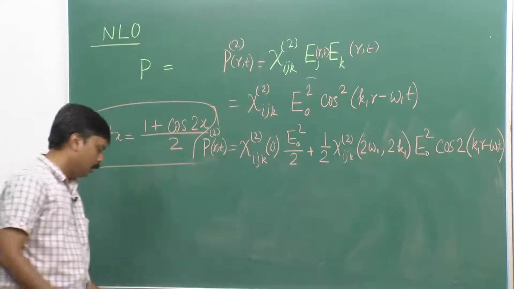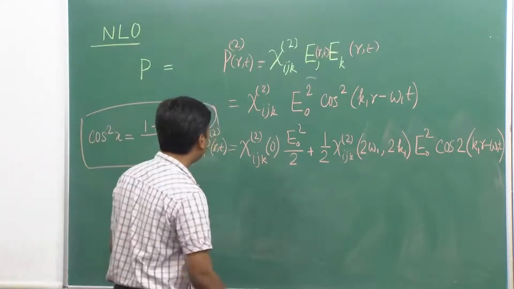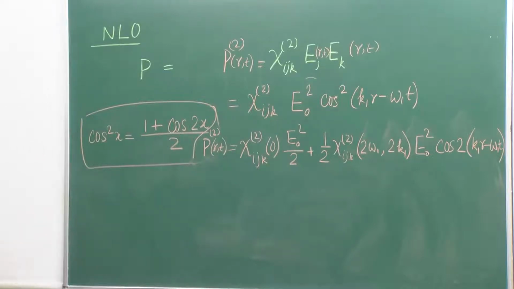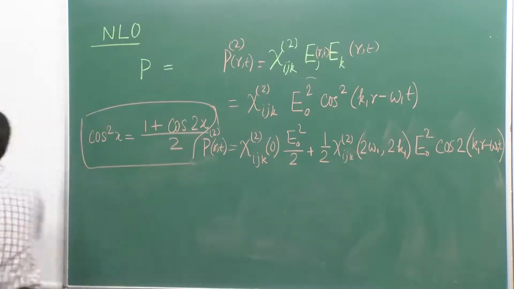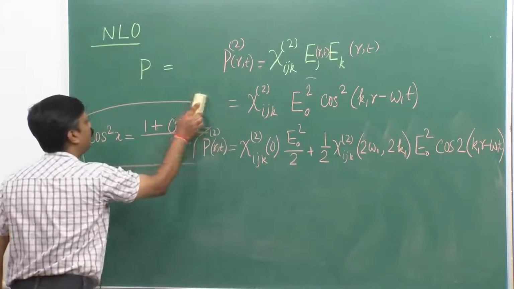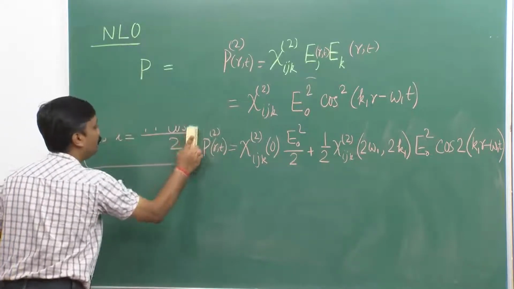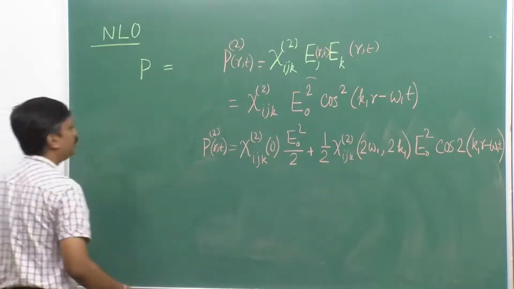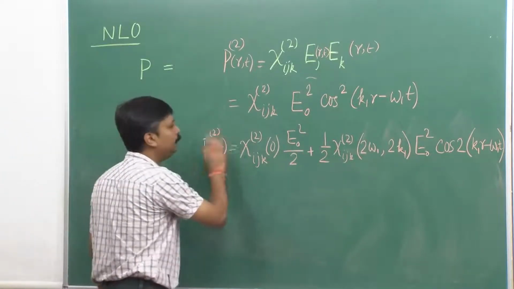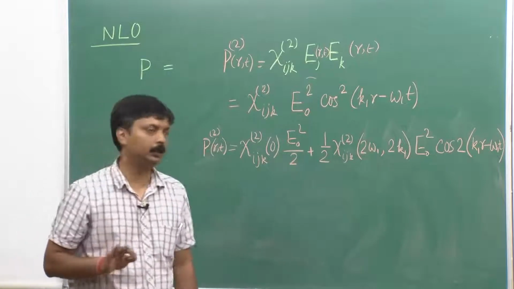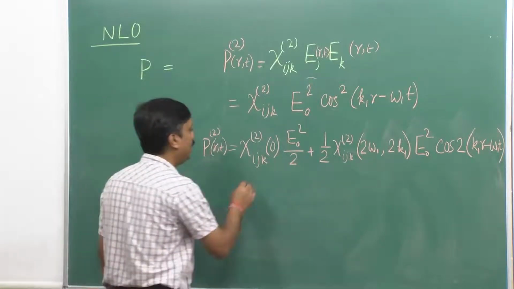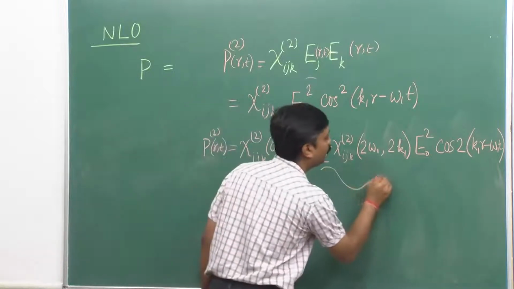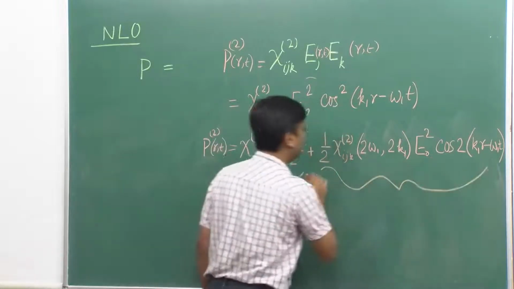Okay, so now there is a very interesting thing to note here. This expression for the polarization, the second order nonlinear polarization, has two parts. One is the first one and the second one.